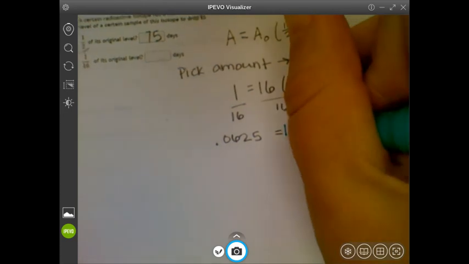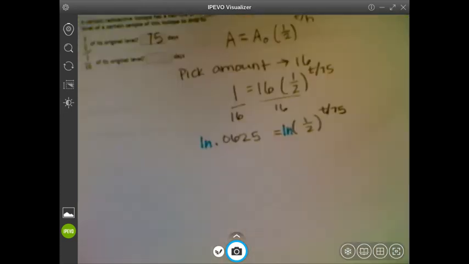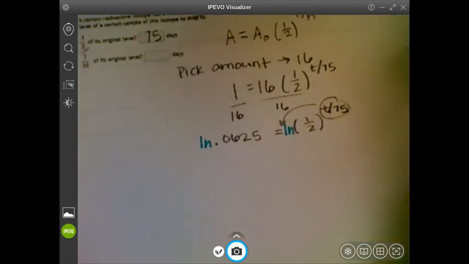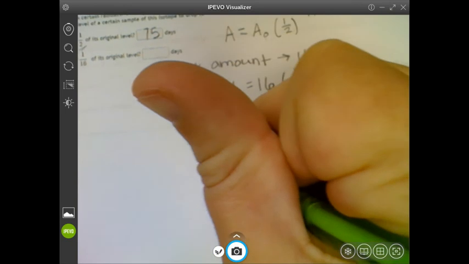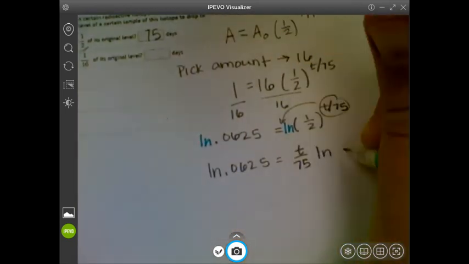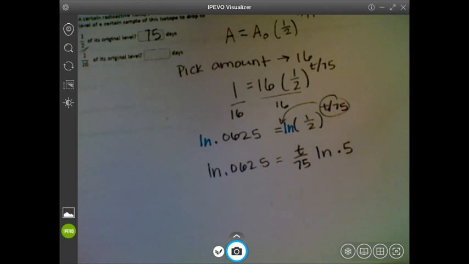In order to get it down, you have to take the natural log of both sides, and that'll move the t over 75 down. So we'll have the ln of 0.0625 equals t over 75 times the ln of 1/2. I'm just going to write ln of 0.5 instead of 1/2 because the fraction might make it look a little more complicated.